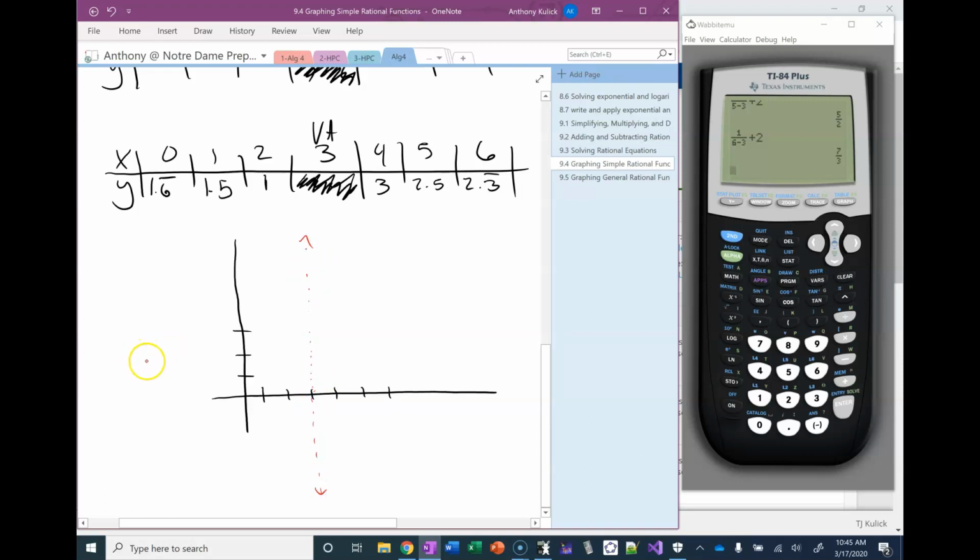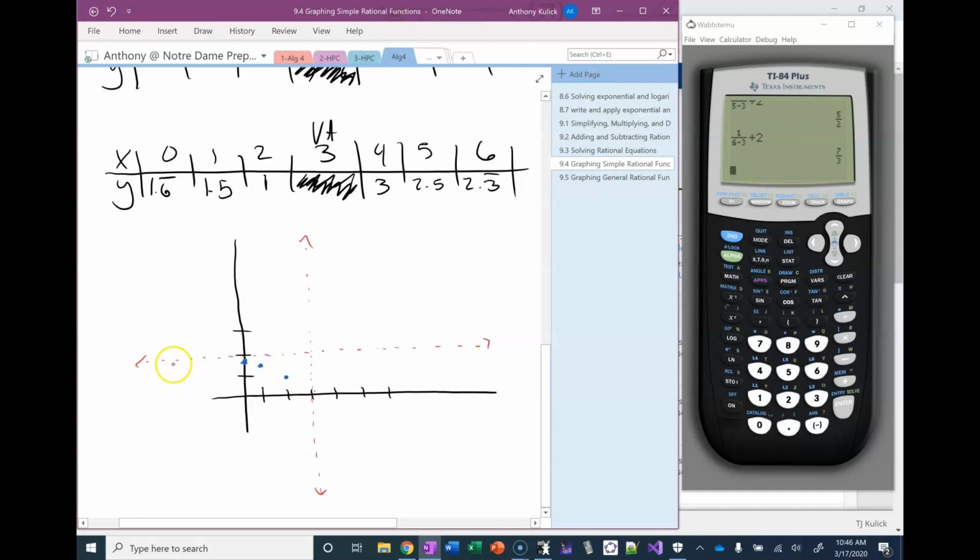And I have a horizontal asymptote at 2. And now I'm going to plot my points. So I have 0 and 1.6 repeating. And I have 1 and 1.5, so just a little bit lower. And then 2 and 1.